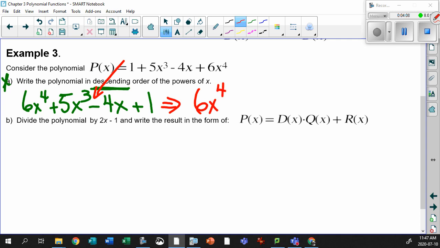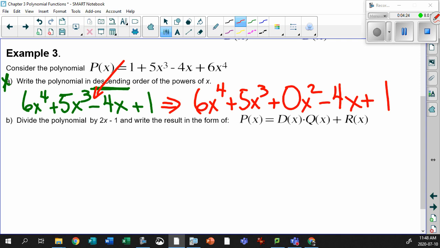This could be written better for division purposes by putting 6x to the 4th, 5x cubed, and since there's no x squared, I'm going to put in 0x squared. Minus 4x plus 1. So everything now is in perfect descending order, including that 0 placeholder.